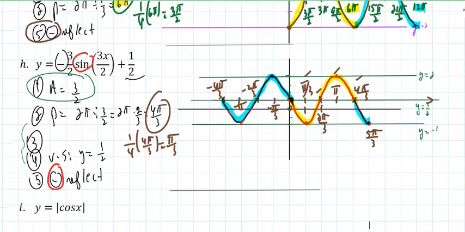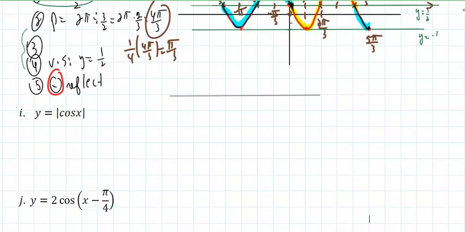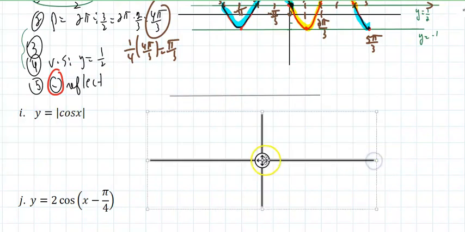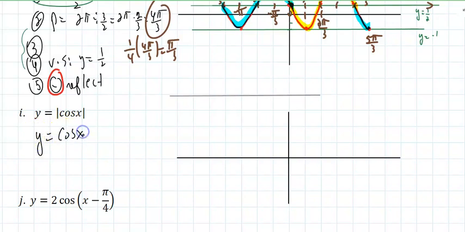Now, something to get out of the way. These are graphs that come up. The last one I'm going to do before I conclude this video, and the next ones with the phase shift will come up on the next lecture. If I see an absolute value, this is how I think of an absolute value. I ignore the absolute value. I look at y equal the cosine of x.